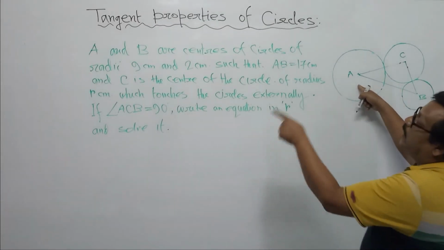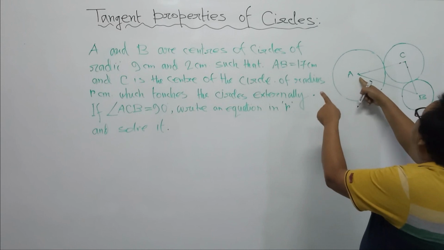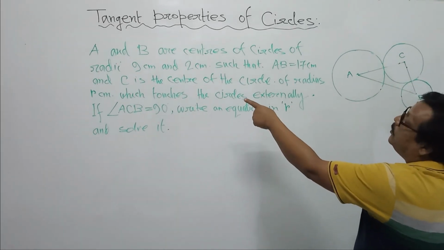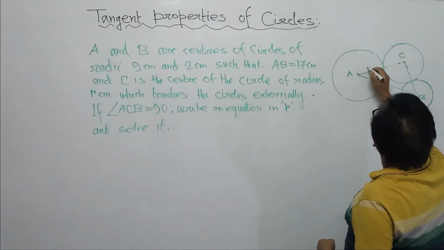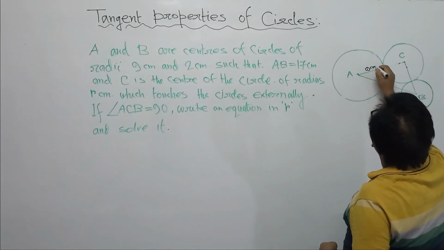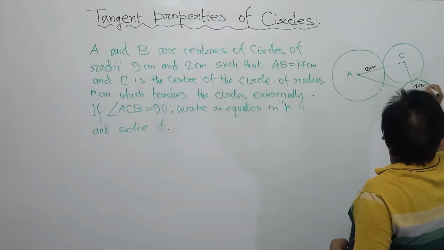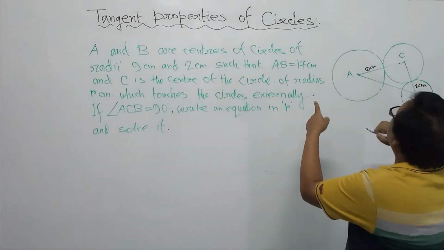Here A and B are centers of circles. The radius of one is 9 cm and the radius of the other is 2 cm, such that AB is equal to 17.